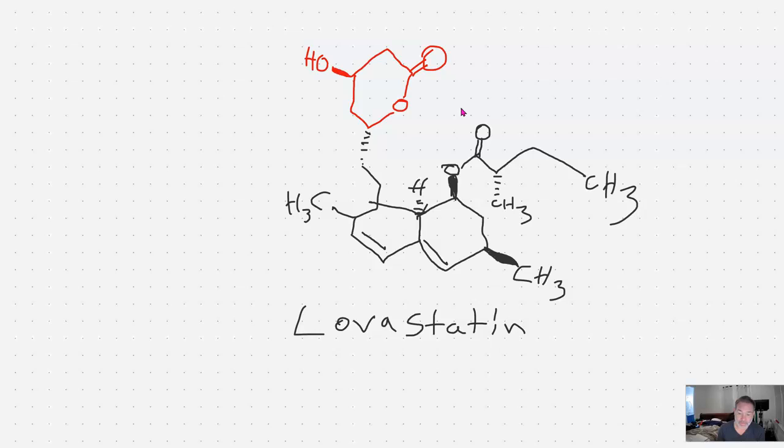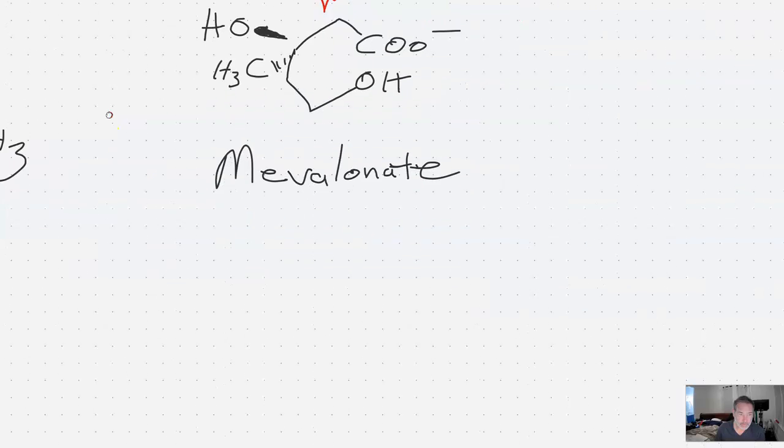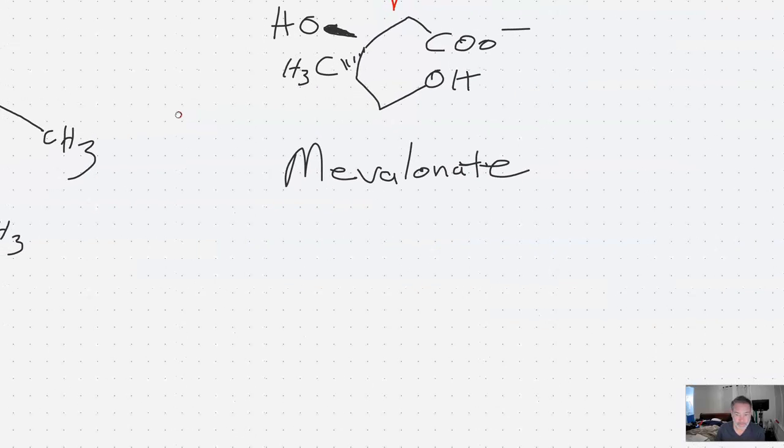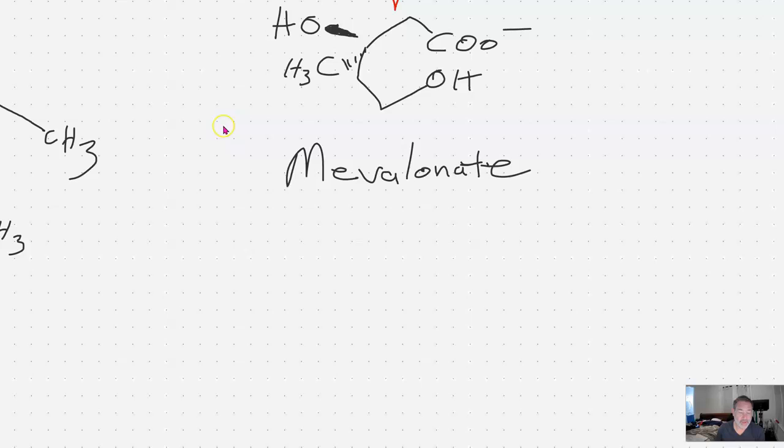Specifically in the pathway, it prevents the production of mevalonate, which is right here. And mevalonate is a required building block for cholesterol biosynthesis.